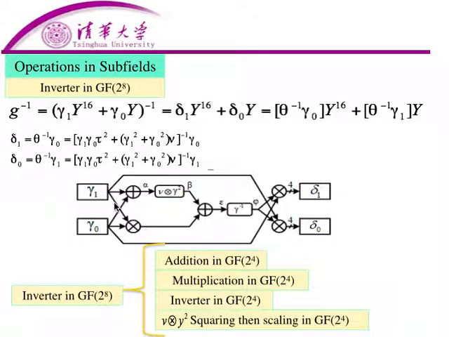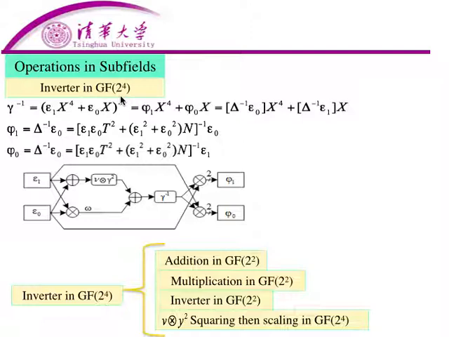So we can divide the inverter in the field of GF(2^8) into many different operations like addition, multiplication, inverter, squaring, then scaling in the subfield GF(2^4).